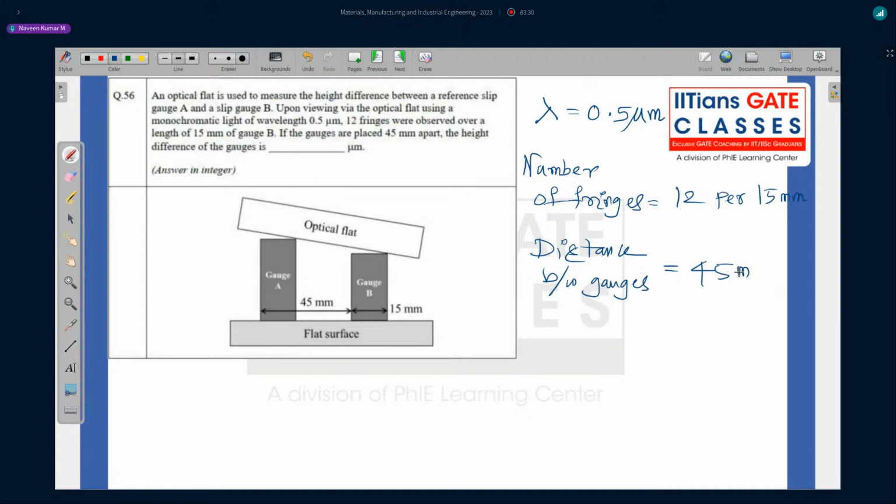Okay, so now they're asking the height difference between the gauges. So what are they asking? They're asking the height difference between the gauges. Okay, let's go here, take this. So that is what they're asking.